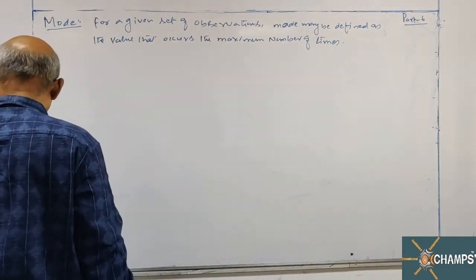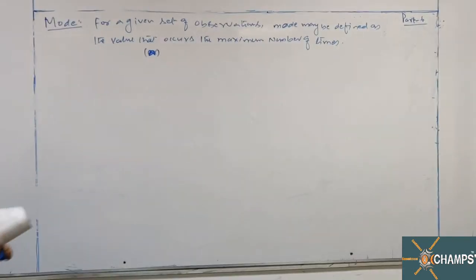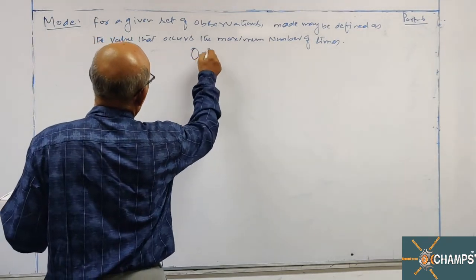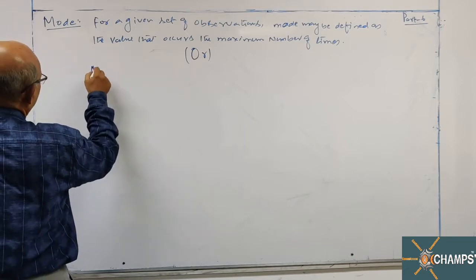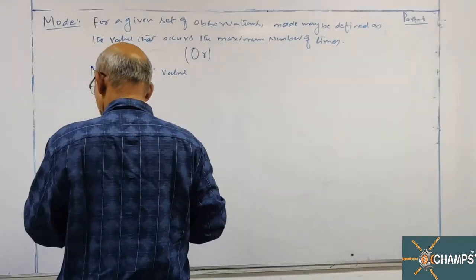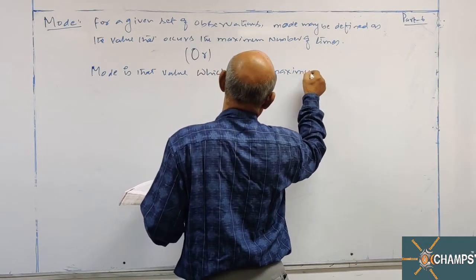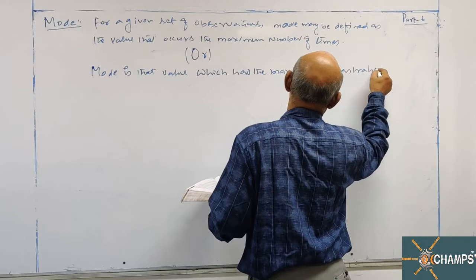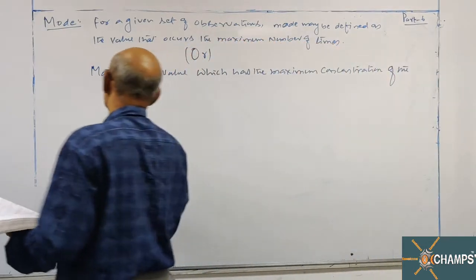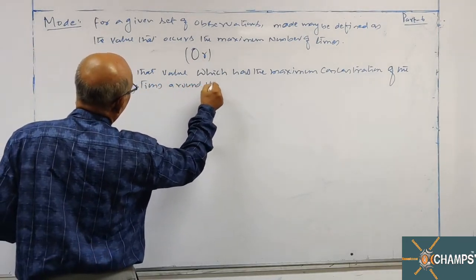Or you can say mode is that value which has the maximum concentration of the observations around it.